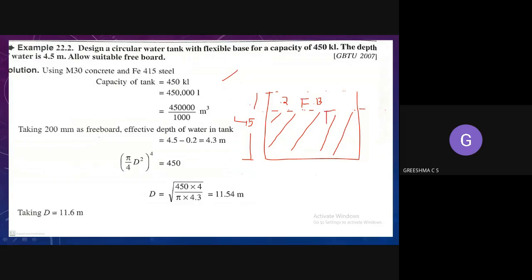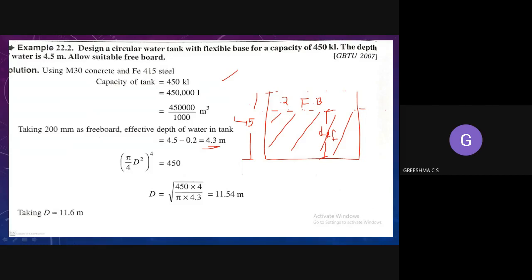The effective depth of water is 4.5 minus 0.2, so you will get 4.3 meters. I think you can understand this. This is the effective depth of water.